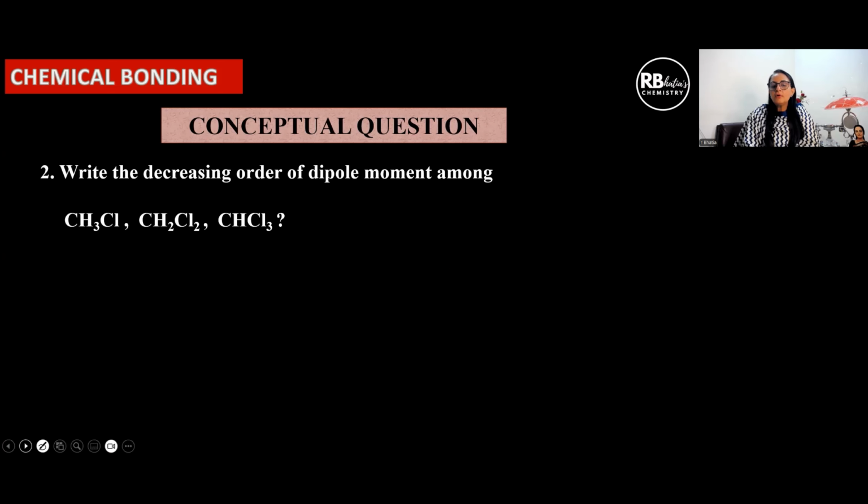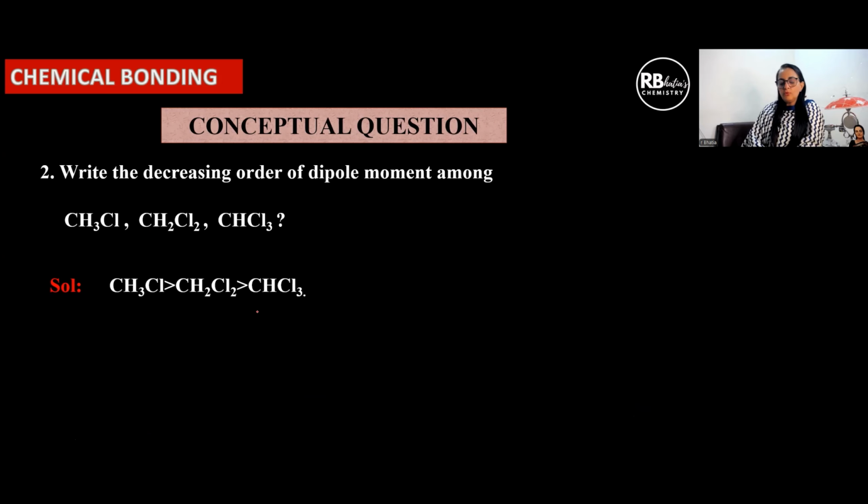Write the decreasing order of dipole moment amongst these compounds. You have to memorize this order of dipole moment, and this cannot be theoretically predicted as such. It is based on cancellations and checking the values. So CH3Cl is more polar than dichloromethane, more than chloroform.